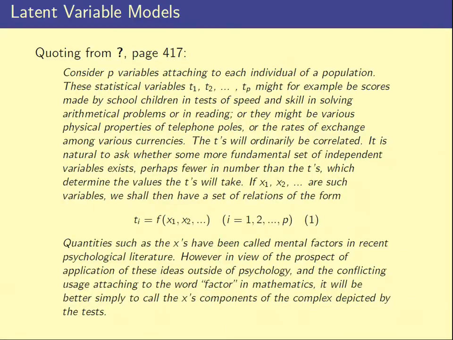It is natural to ask if there is some more fundamental set of independent variables, perhaps fewer in number than the t's, which determine the values that t will take. So if those are defined by x1 to x2, then what he says is that the ith t is a function of x1, x2, x3, and so on.